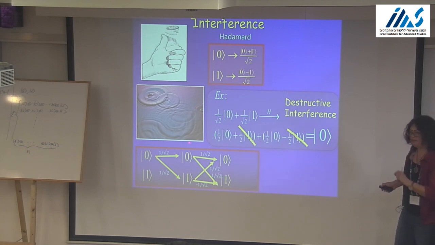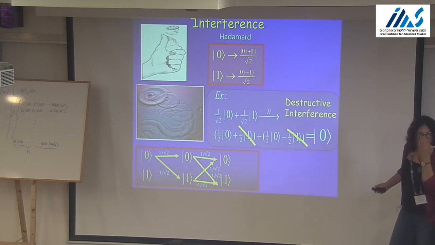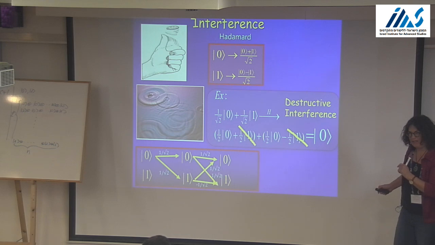So they sum up, and the amplitude in front of 0 is 1. But if I look at 1, this path contributes a half, but this path contributes minus half, and they cancel. Okay?